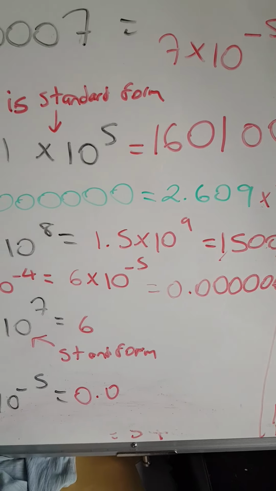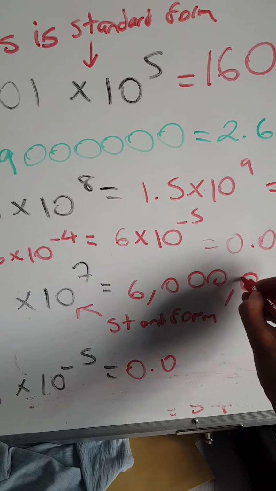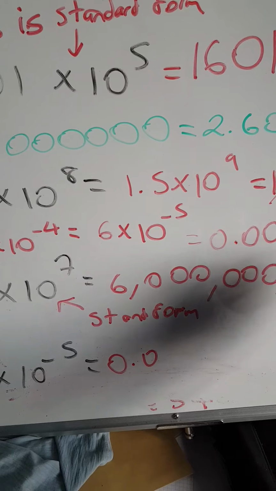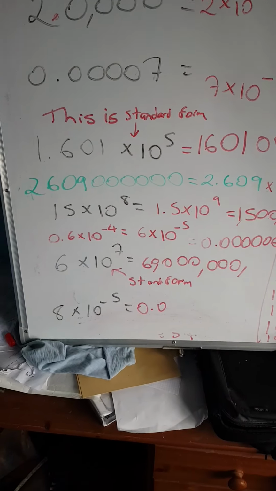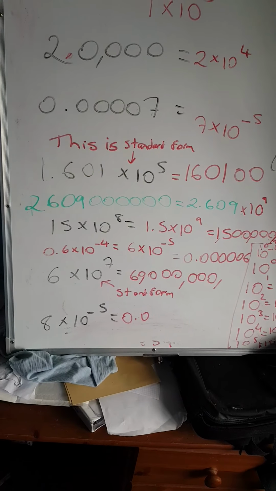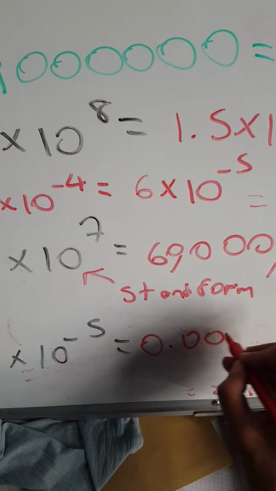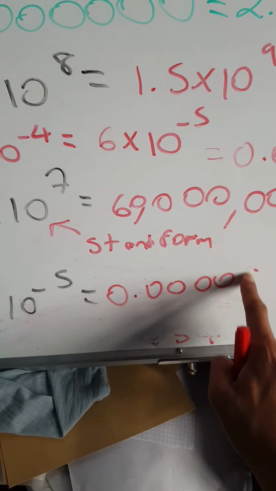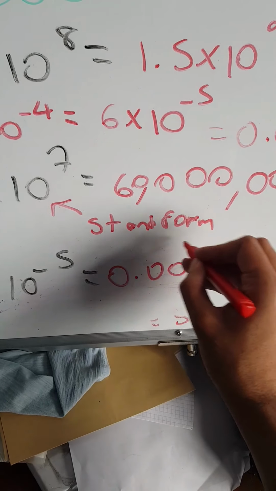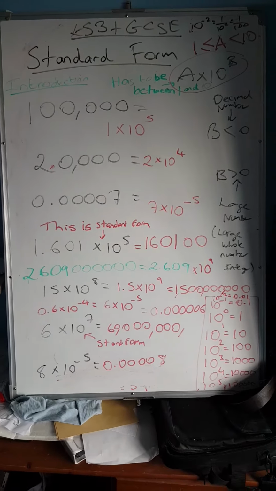Six, and then so it's going to be 600,000 for that one, and then this one's going to be 2, 3, 4, 5. Okay, so that will be my answer.